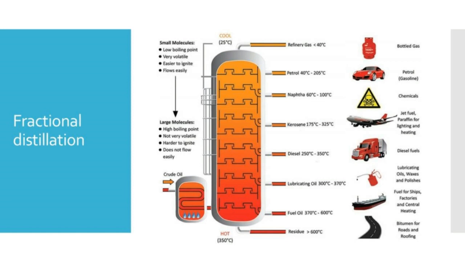The process of heating a mixture of liquids having different boiling points and then separating them by cooling is called fractional distillation. Crude petroleum is first heated to about 400 degrees Celsius in a furnace. As the vapors of crude oil move up the tower, the various fractions condense according to their boiling point ranges. The various fractions of petroleum obtained are given in the picture.